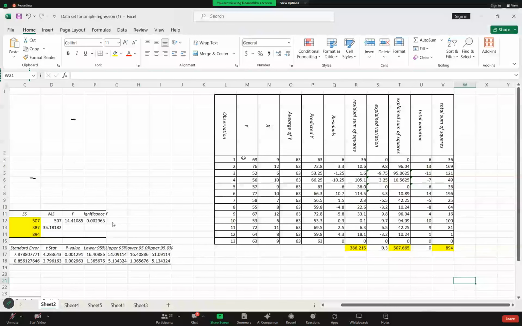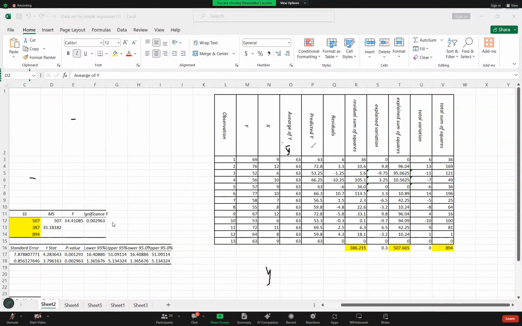This is the Y, this is the X. This is the average of Y. Average of Y means Y bar.